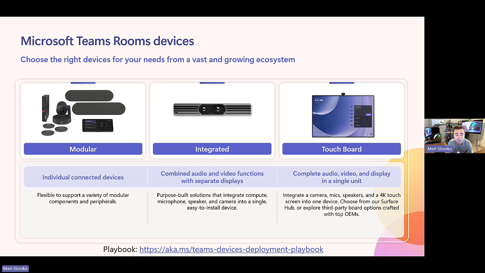So as you're having those conversations and starting your deployments, or if you've already begun your deployments, review it and see if there are some best practices that you could use to optimize your deployments and make your lives easier. But that deployment playbook is there. I will continue to plug it forever until I get Learn fully updated to match the deployment playbook, which I am working on now.